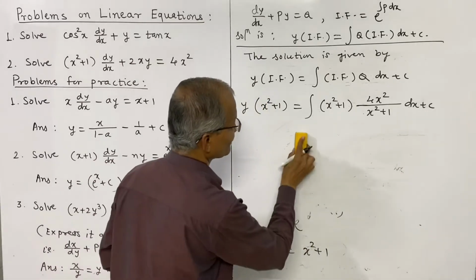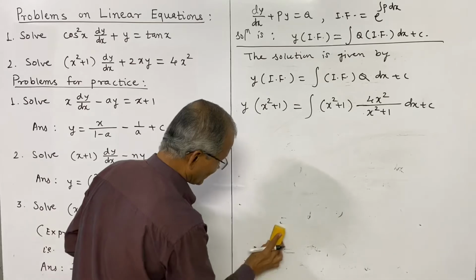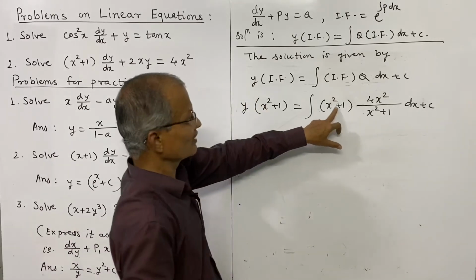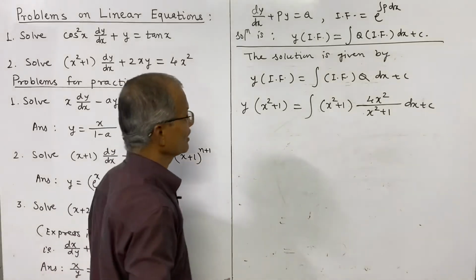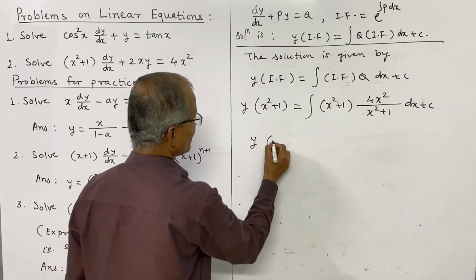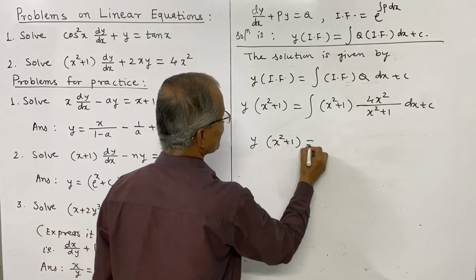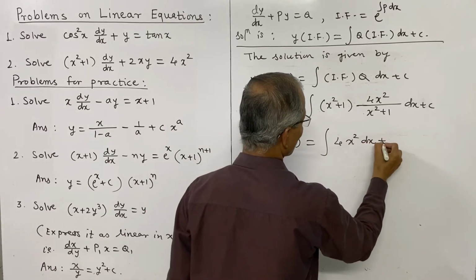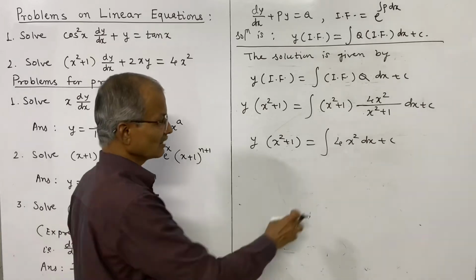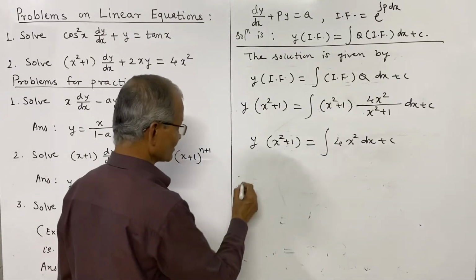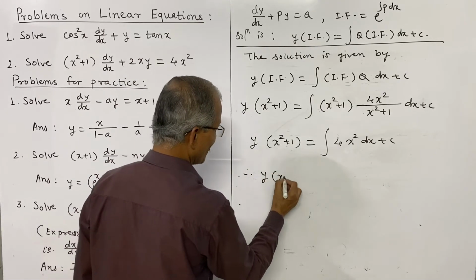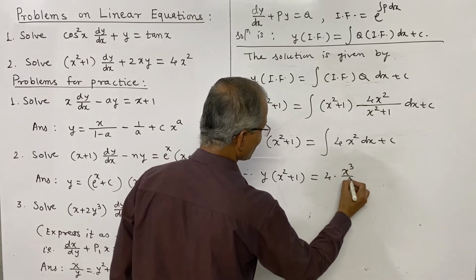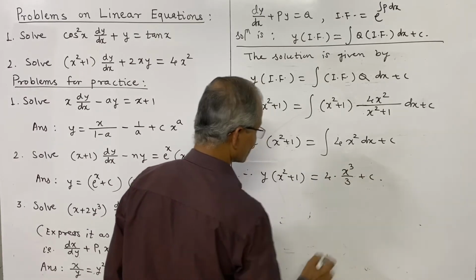Now it is easy to evaluate. See, this remains as it is, and on the right side, this term cancels, divides out. So y into x square plus 1 is equal to integration of 4x square dx plus a constant. And what is integration of x square? 4 is constant, that can be written easily. It is 4, integration of x square is x cube by 3, plus a constant.